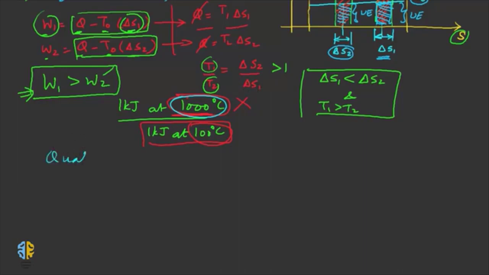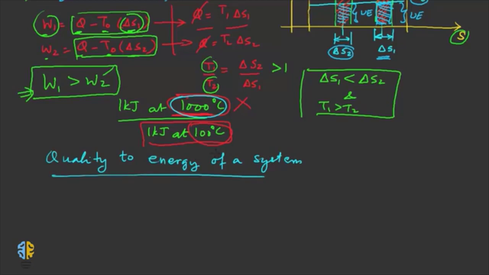This affixes a quality of energy, or you can say quality to the energy of a system. So this means that the quality of energy of a gas, let us say at 1000 degrees Celsius, is much higher than the quality of energy at 100 degrees Celsius, because the loss is much more detrimental as compared to the loss at 100 degrees Celsius.